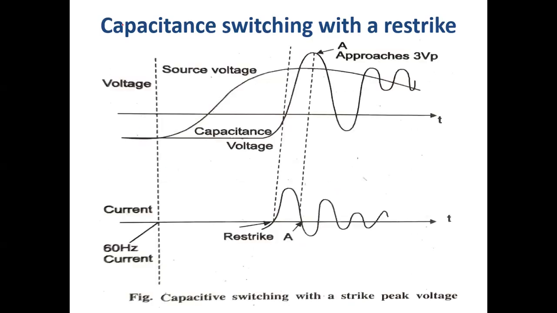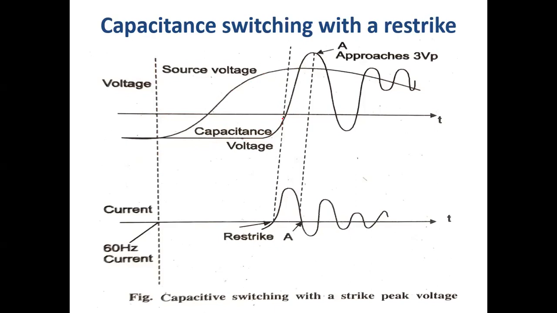Now, how the restrike occurs during this capacitance switching and when it appears in the circuit is shown in this figure. The first diagram is drawn between voltage and current. This is the normal source voltage and this is the capacitance voltage.